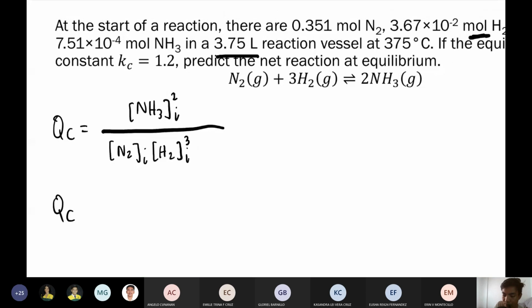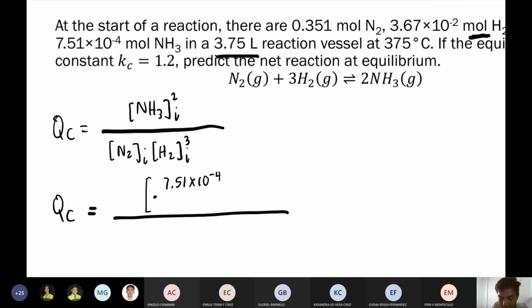Ayan, so plug in natin yung mga numbers dito. So for ammonia, ano yung moles niya? 7.51 times 10 raised to negative 4. Ano yung volume ng vessel? 3.75. Okay. So, bakit dito ko na dinivide, no?